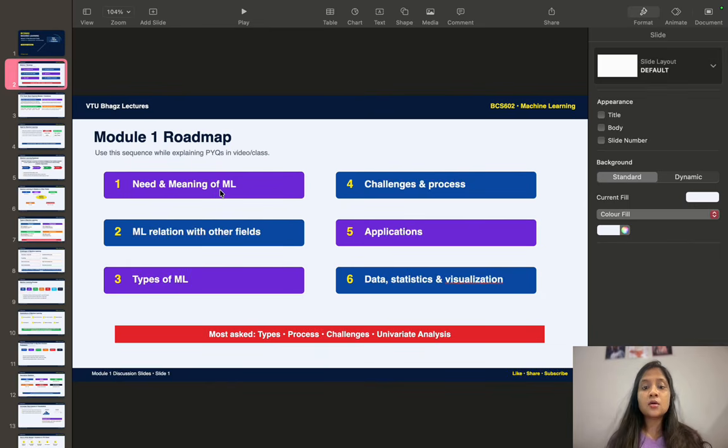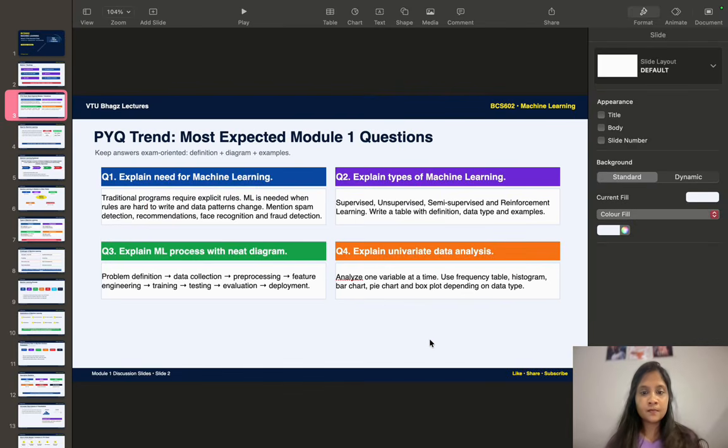And most questions from this module are theory based and diagram based. Clear? And most tasks are types, process, challenges, and univariate analysis. Okay, so this was just an overview of the syllabus.